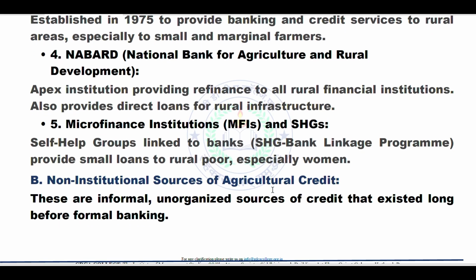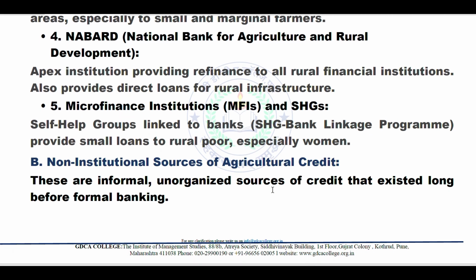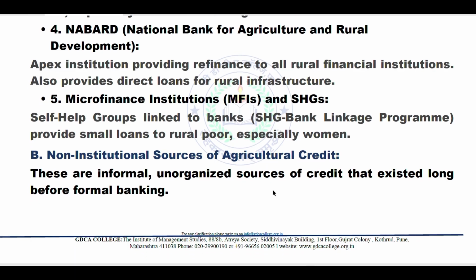Apex institution providing refinance to all rural financial institutions, also provides direct loans for rural infrastructure. Number five, microfinance institutions, MFIs and SHGs. Self-help groups linked to banks under the SHG bank linkage program provide small loans to the rural poor, especially women.